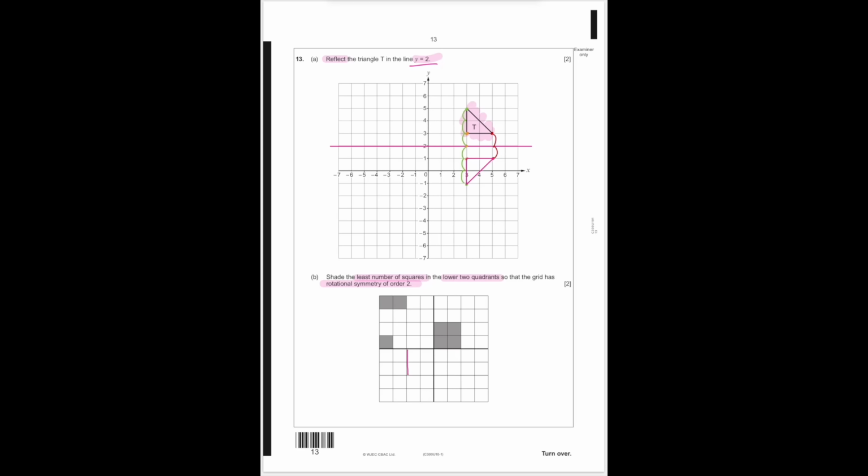So we want diagonal quadrants to match. So I'm going to colour those 4 in, and then this one, and one, 2, this one. There we go. It's not the best colouring in the world.